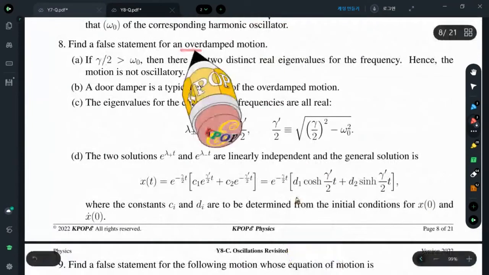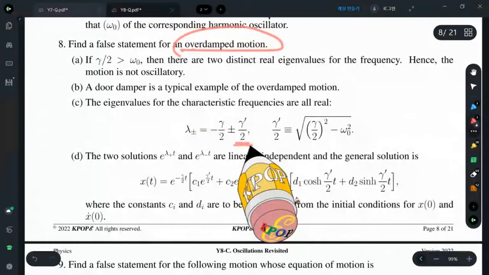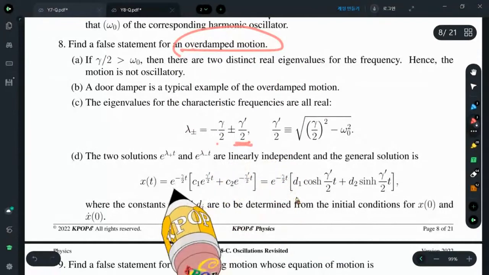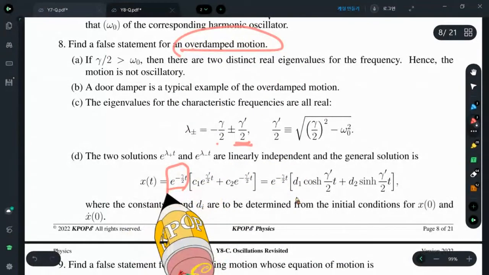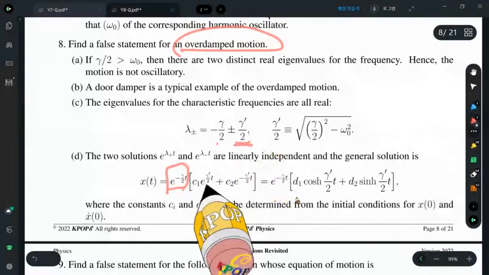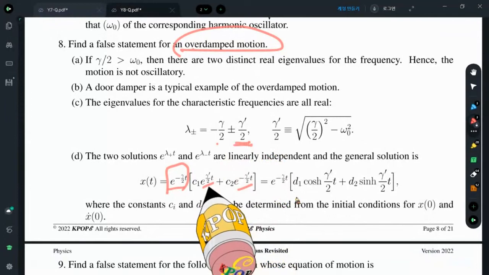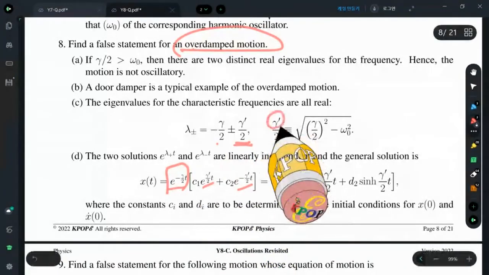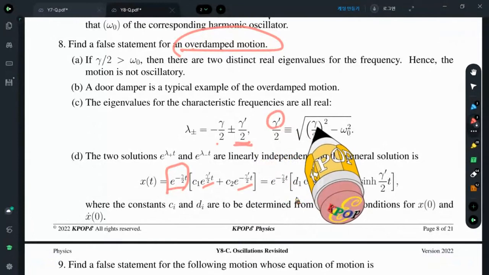Next case, overdamped. We do not have the imaginary part. Both of them are real. Therefore, the solution has a common factor in here. However, we have additional exponential plus minus. However, this gamma prime is always smaller than gamma.